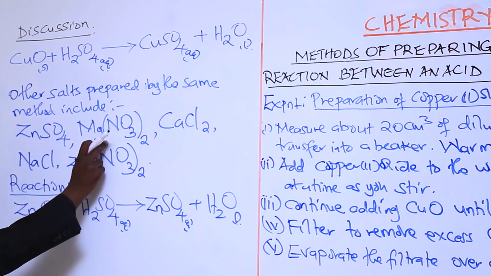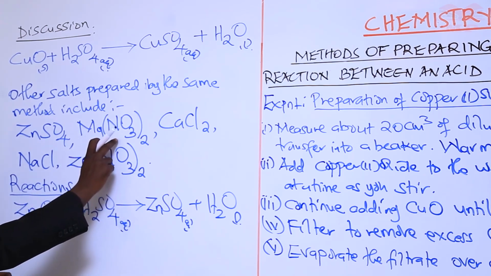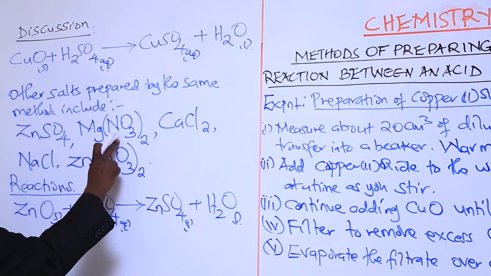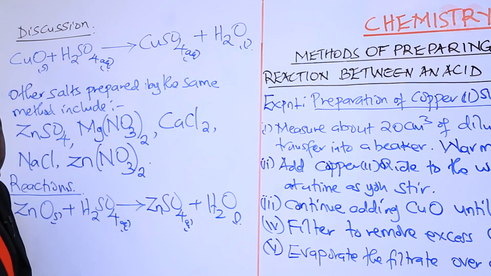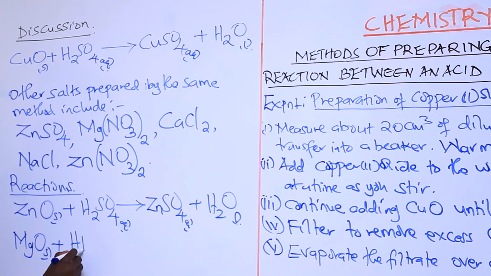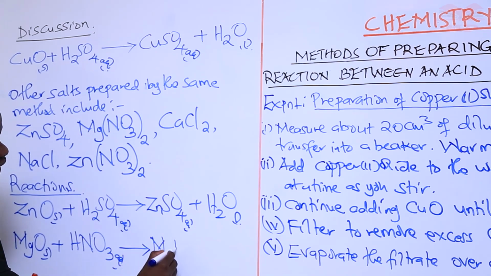The other salt is magnesium nitrate. From the name nitrate, it means we are having nitric acid being one of the reagents. So we are saying that magnesium oxide will react with nitric acid, and then the product will be magnesium nitrate.